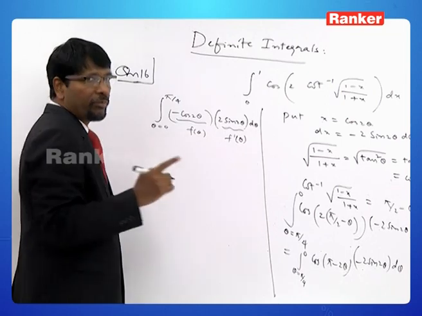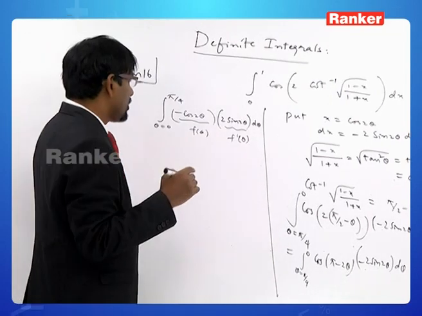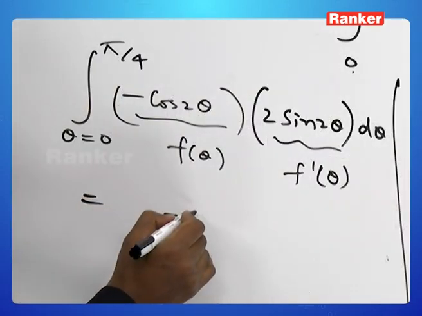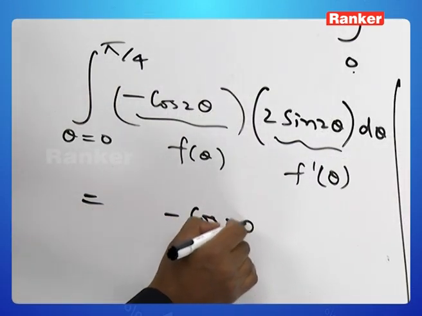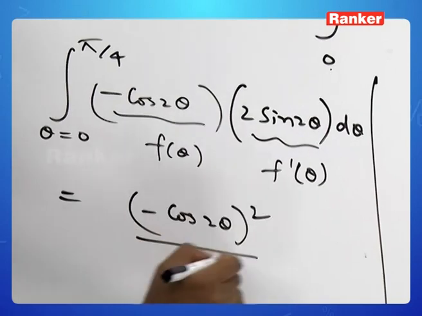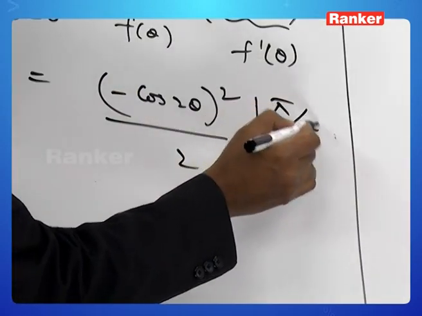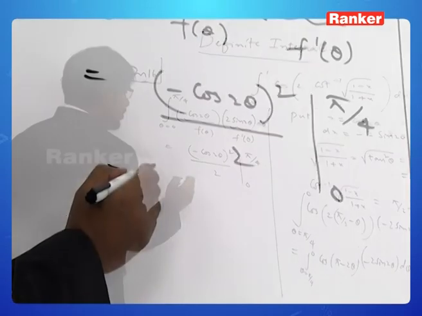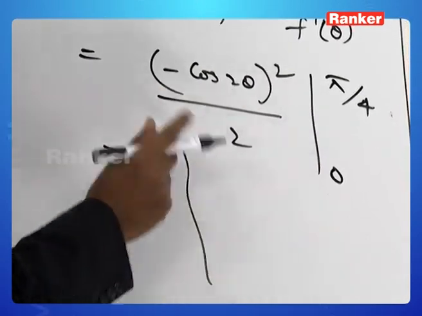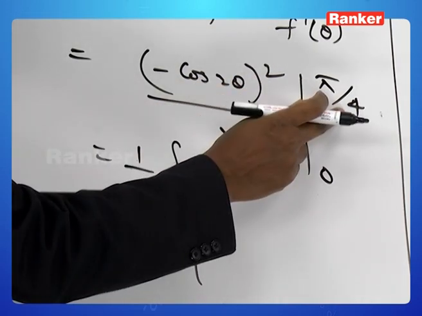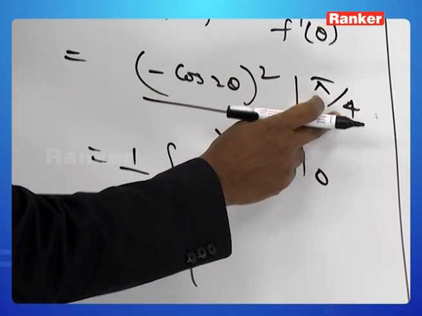What is the integral of f of x into f dash of x? That is f of x whole square by 2. So what do we have here? It becomes minus cos 2 theta whole square by 2 within the limits 0 to pi by 4. What do we get here? 1 by 2 we can take out common, and cos of 2 into pi by 4 makes it cos pi by 2, that is 0.